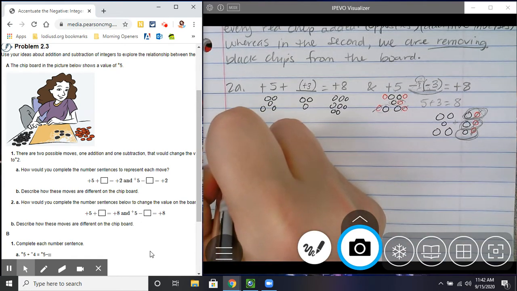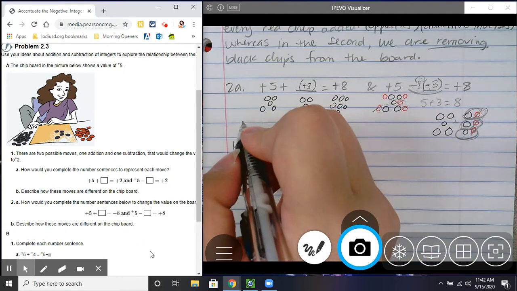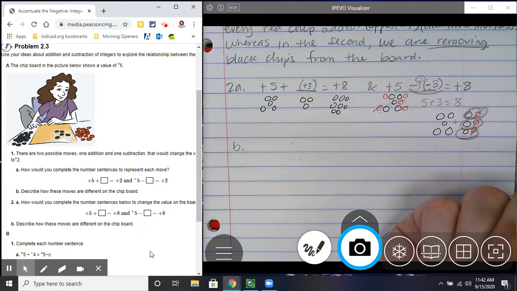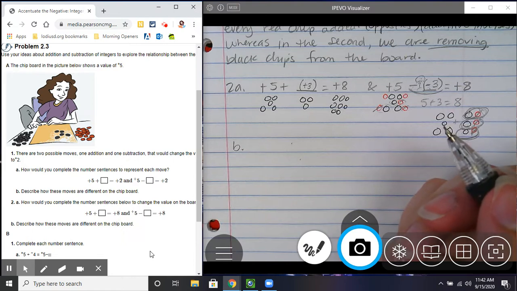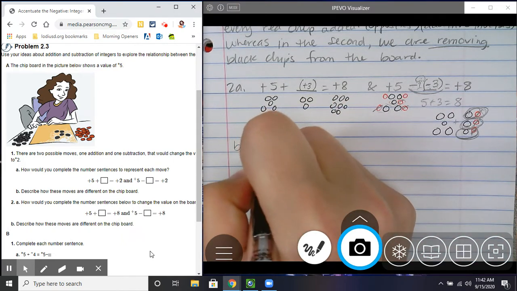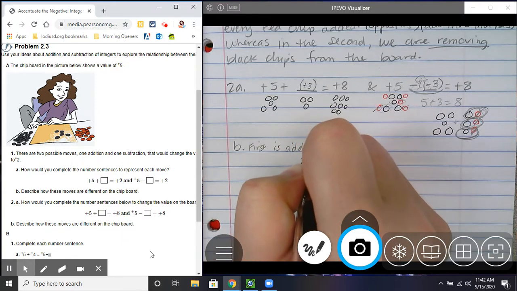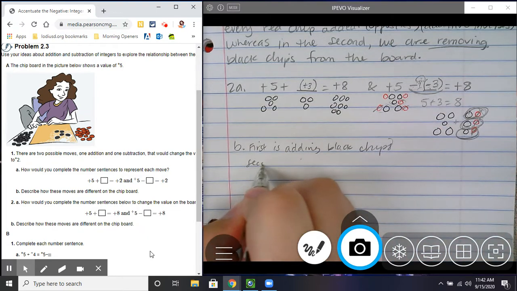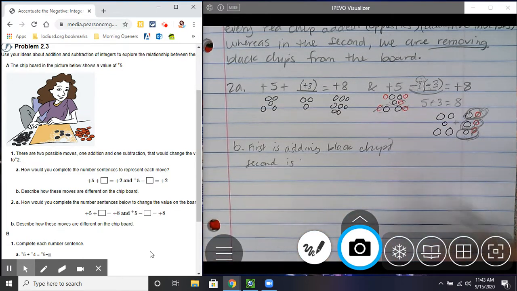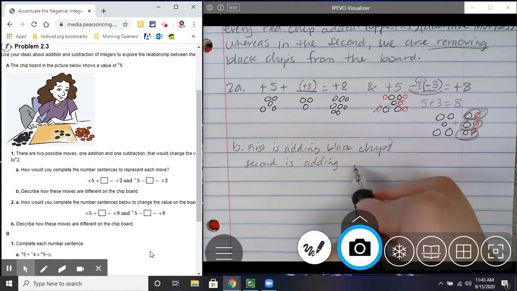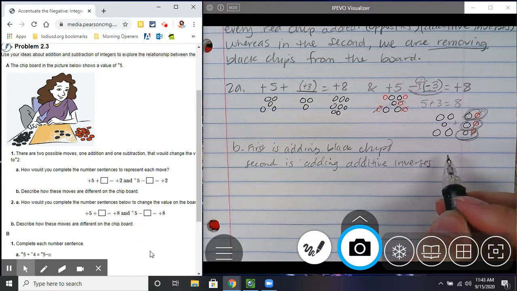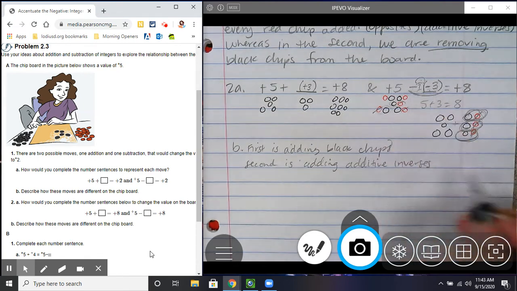So part B says, describe how these moves are different on the chipboard. I would say first is adding black chips, and second is adding additive inverses, to have something to take away.